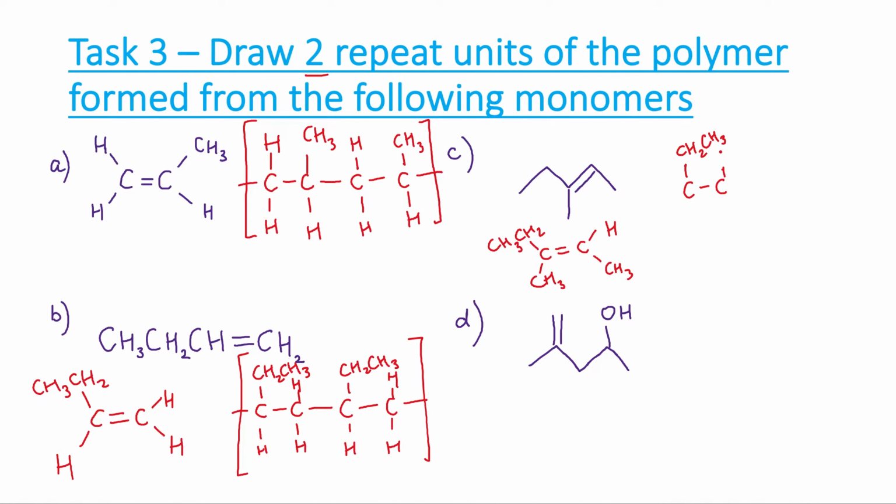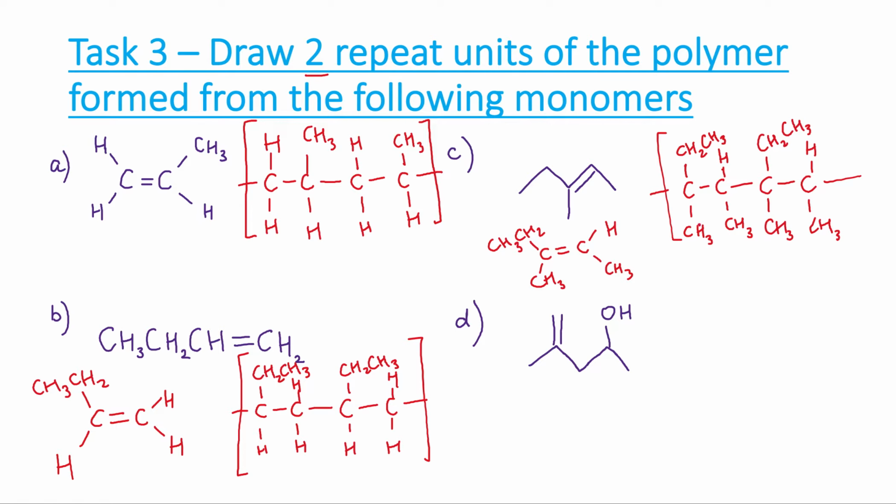This one needs to be attached to a methyl and a hydrogen. So that's 1 repeat unit. To draw 2, just the same thing, repeat it. Like so. Okay, and again, extending bonds, square brackets.